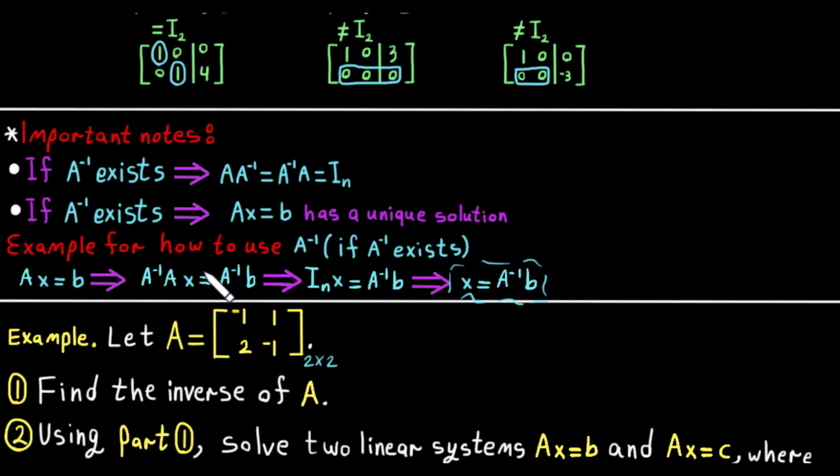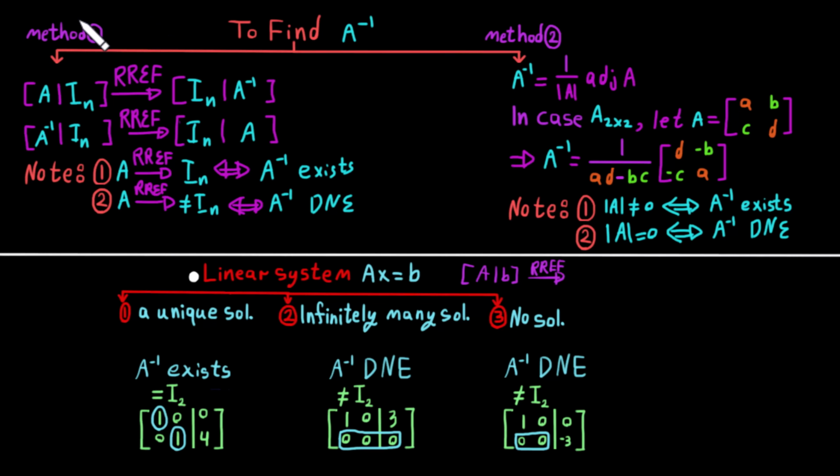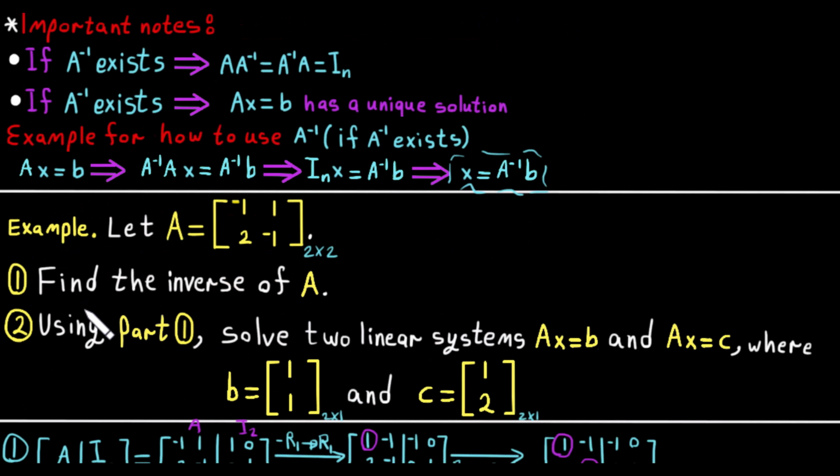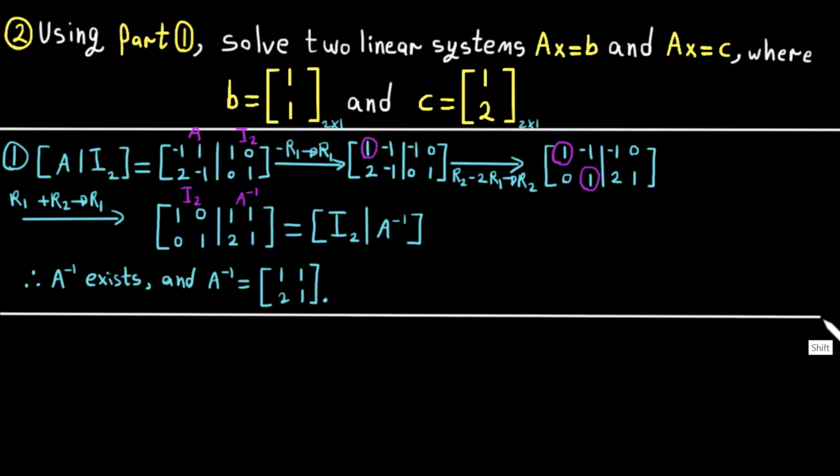So as we go up, we have found A inverse by using this method. Now we will find the A inverse by this method. Let's go down again. We have solved it by this method.